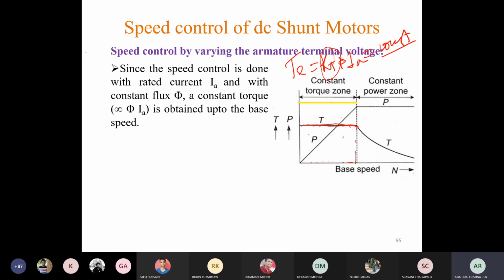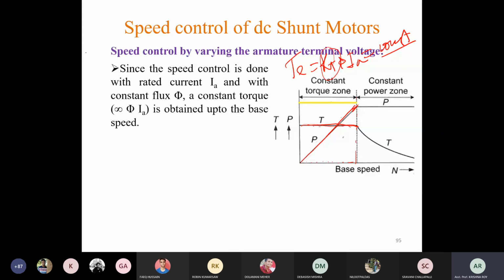So if we multiply this torque value and this speed value, that is omega, we will get this power value. Since speed is increasing, the power line is as this, which is not constant, it is increasing with a fixed rate of increment.